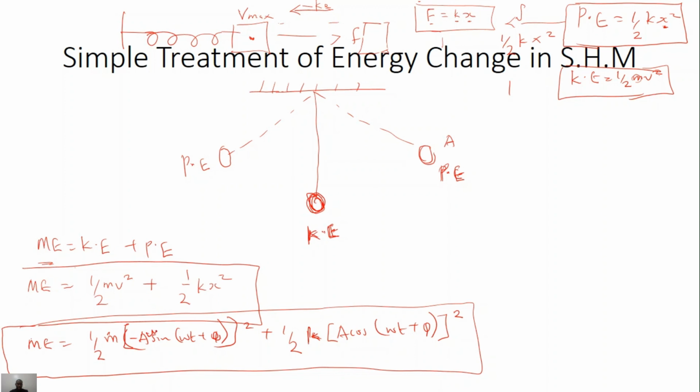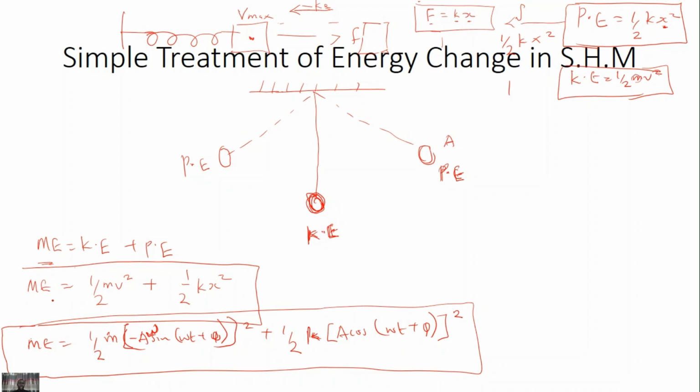Remember to put the angular velocity here because that's what v is. This is how energy changes in simple harmonic motion.